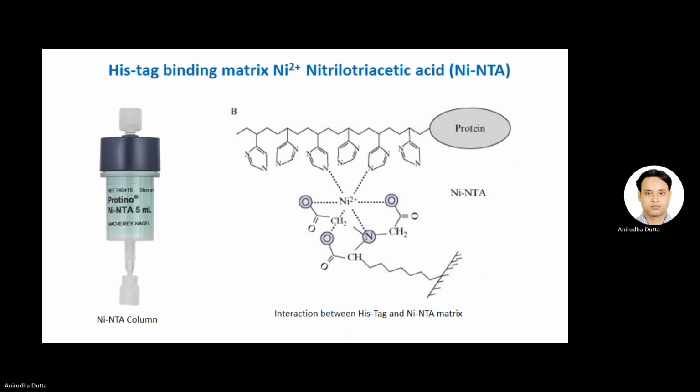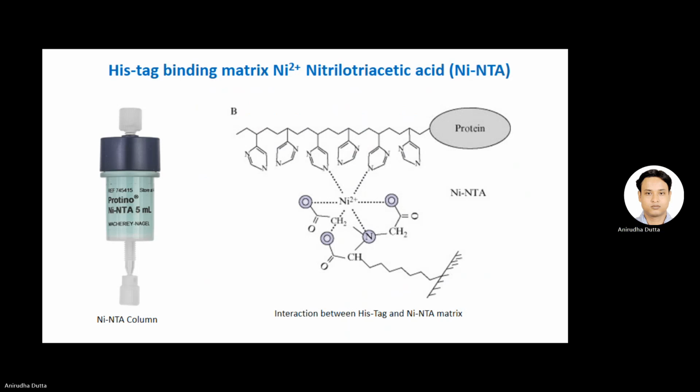This is the hexahistidine-tagged protein, and you see the nickel is coordinate covalently linked to the NTA ligand, whereas 2 histidines also make coordinate covalent bonds with that nickel ion, and that's how the protein binds the nickel matrix. This interaction is highly specific. Proteins which don't have a hexahistidine tag don't bind the nickel matrix with such strength of interaction.